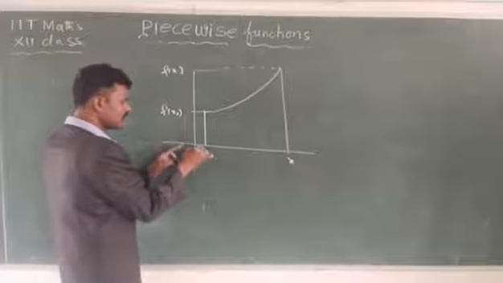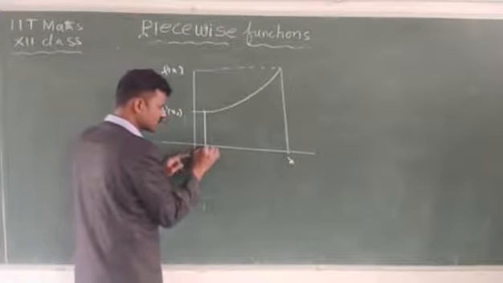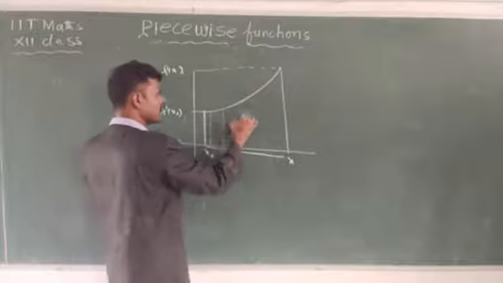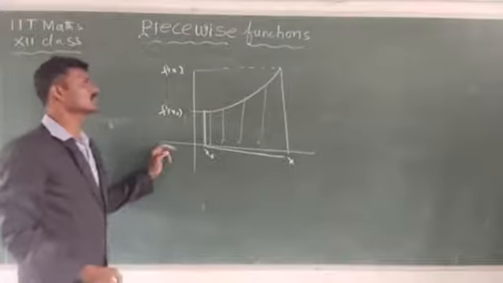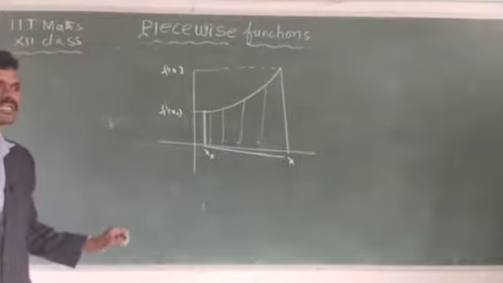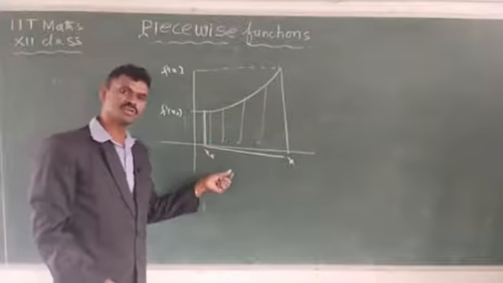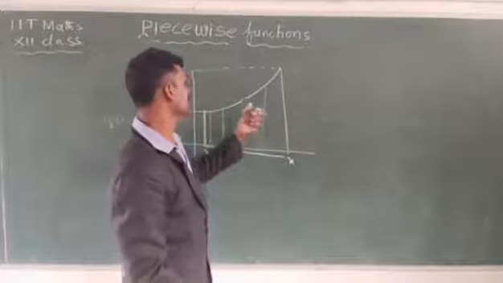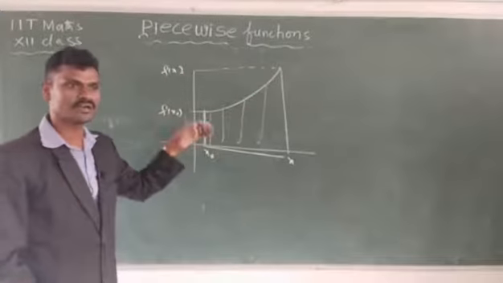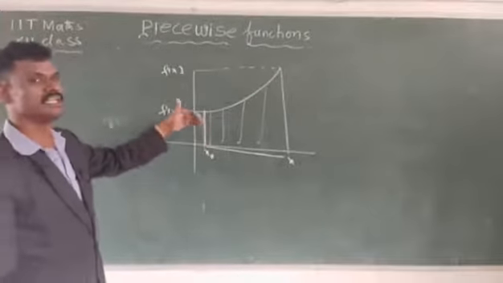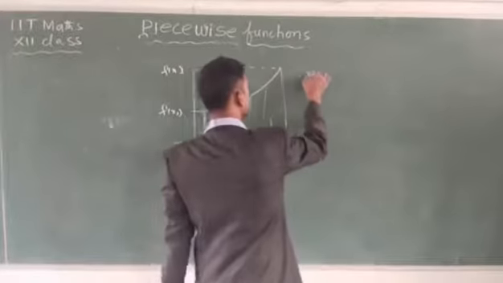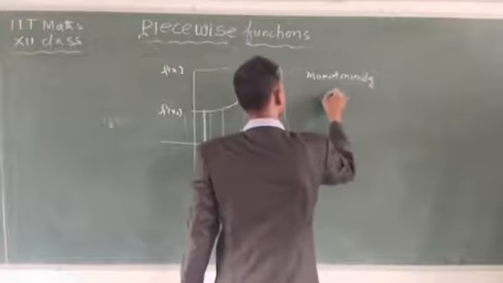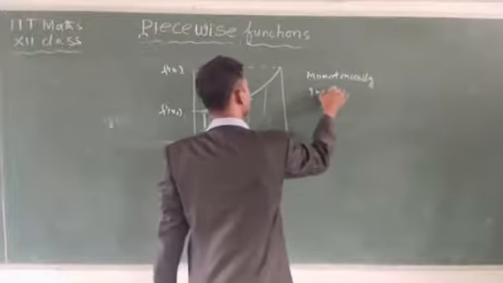See here, x value increases, means y also increases. Then this is a monotonically increasing function. When a function monotonically increases, it means x value increases and at the same time y also increases. This is called the monotonically increasing function.